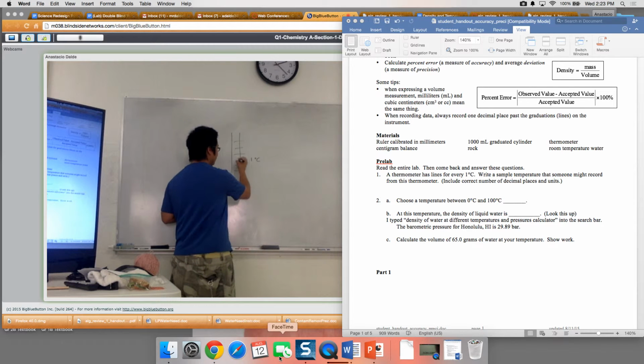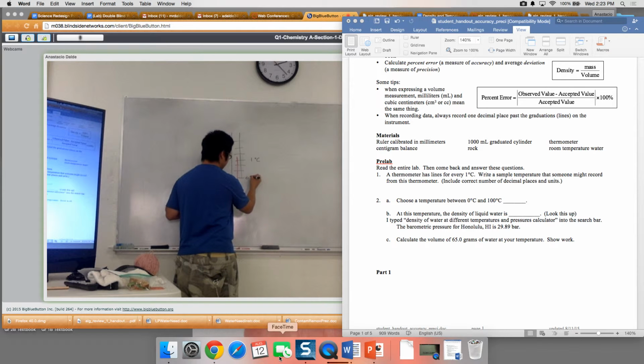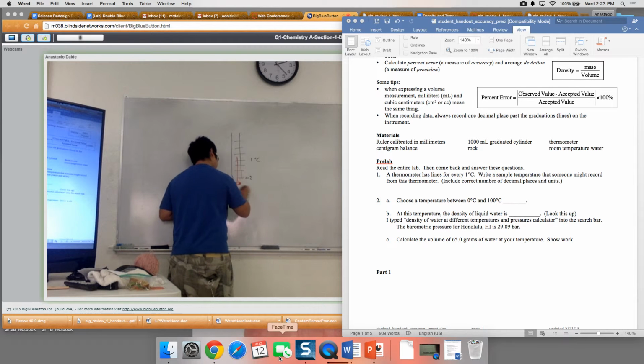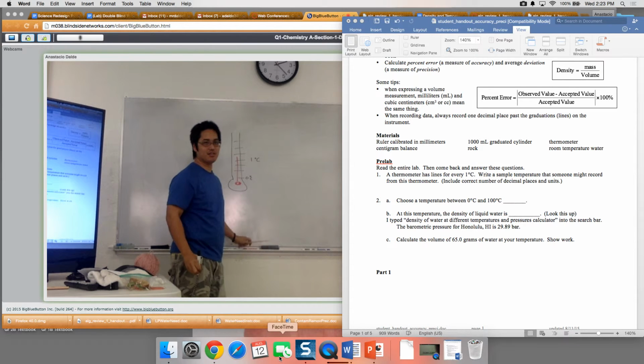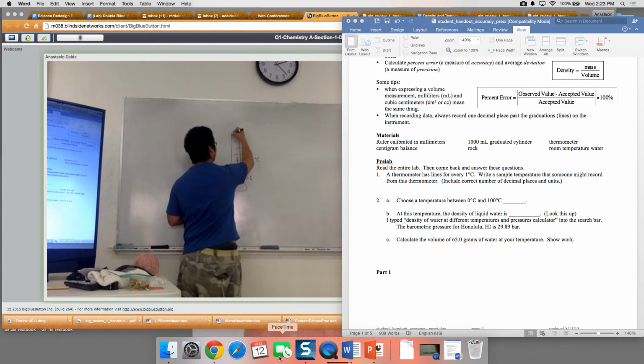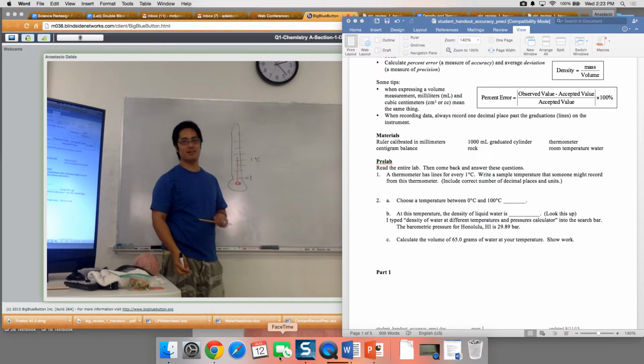Like, what happens if the red line were right here? And say this is 0 degrees Celsius. There would be a little ball right here. And this thing would kind of come out like this. There we go. Now it looks like a thermometer. Actually, it looks more like a pipe. There we go. Now it looks like a thermometer.